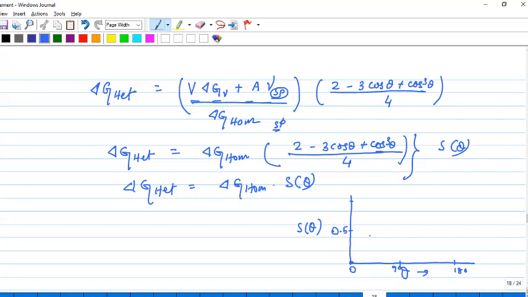S theta is equal to 0.5 when theta is 90. Right? So it will vary like this. And as you could see, when theta is equal to 180 degrees, S theta becomes 1.